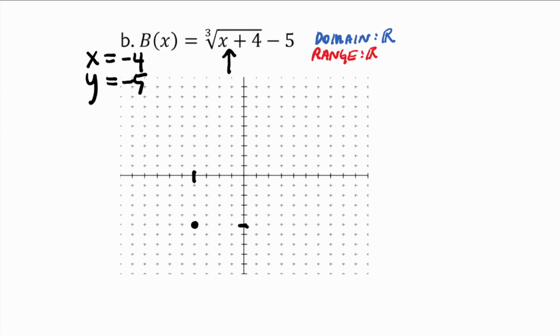So I'm going to look for something that causes me to take the cube root of 8, because that's what I'm good at. So I'm going to say x equals positive 4, y equals the cube root of 8, which is 2, minus 5, which is negative 3. So that's x equals 4, 1, 2, 3, 4, and then y equals negative 3.